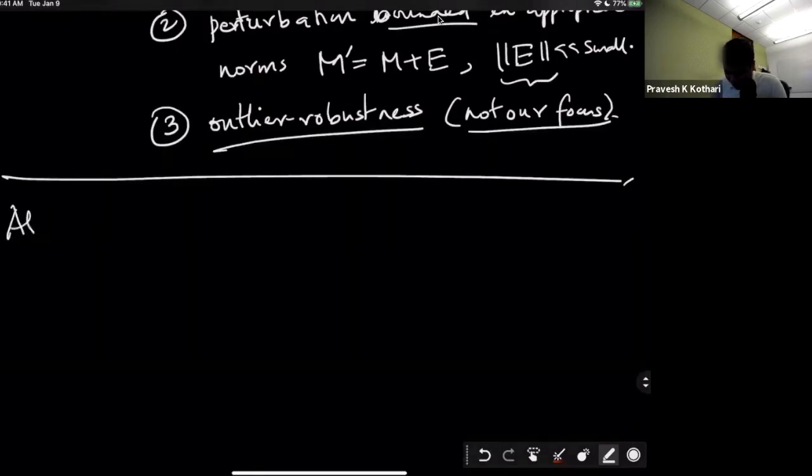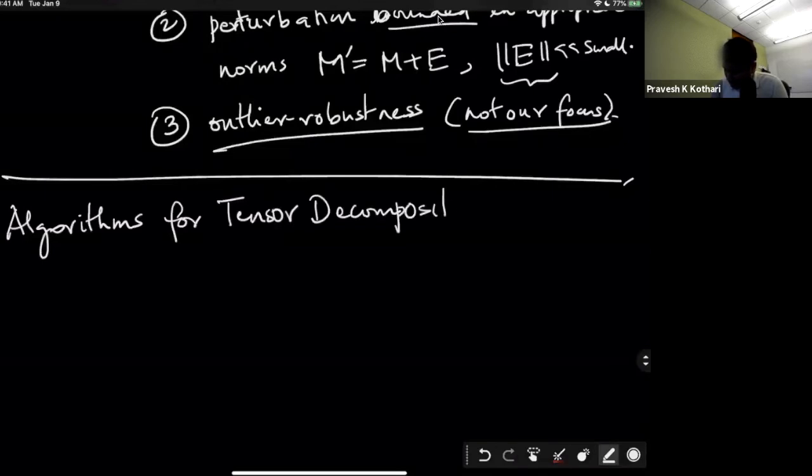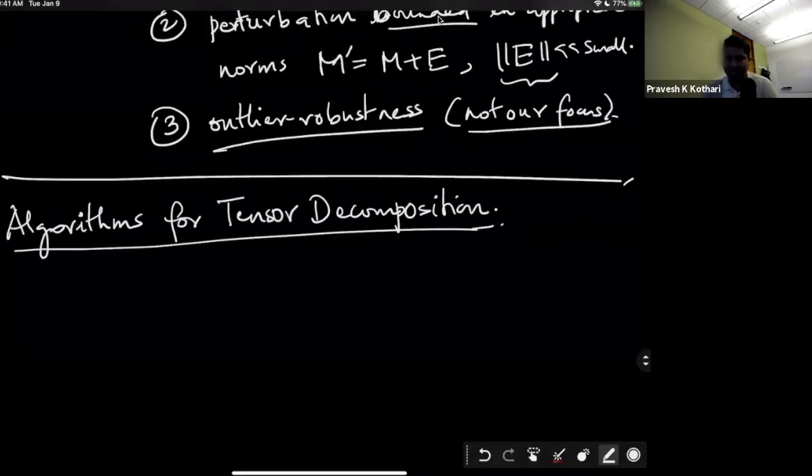So let's talk about algorithms for tensor decomposition. And when we look at these algorithms, of course, we will ask whether they satisfy this nice noise resiliency property that we would like them to have. So the algorithm I want to tell you is a very simple algorithm, but it has a really cool idea that comes up in many different applications.